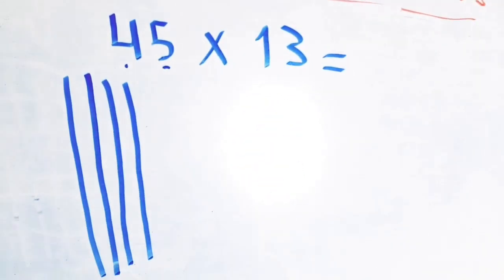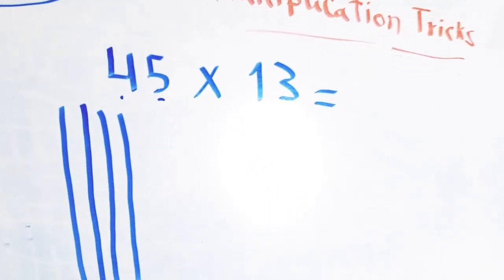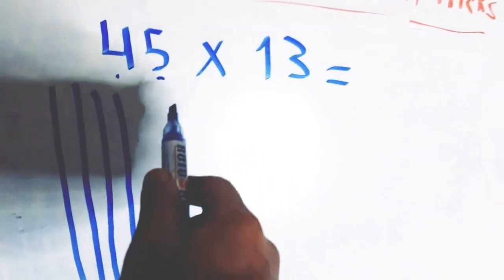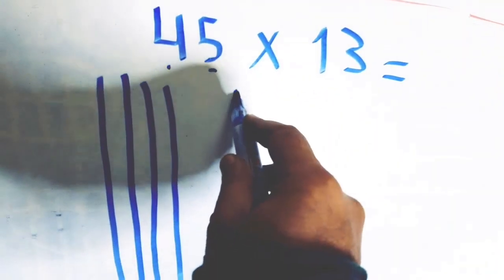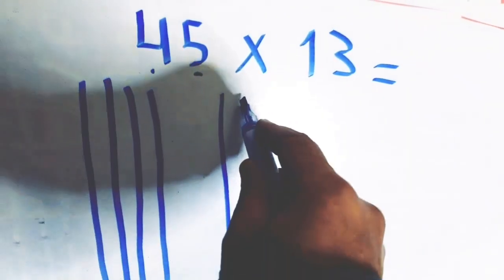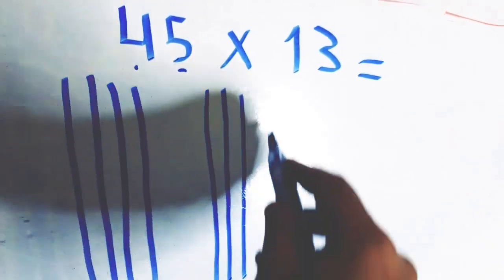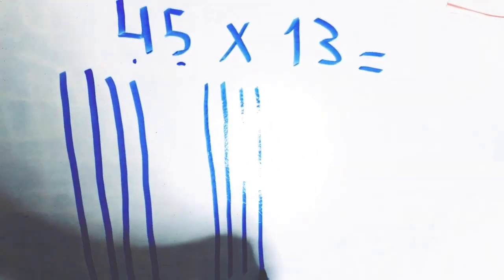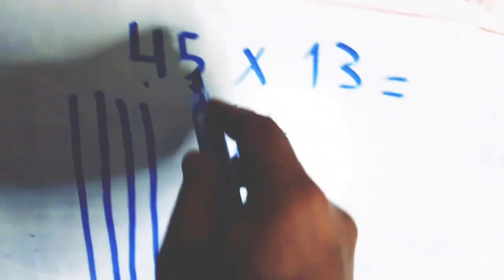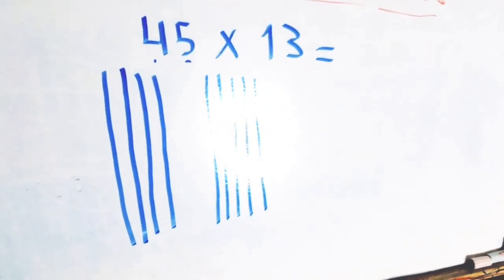We leave a space and transfer to the second digit, which is 5, and draw 5 vertical lines representing the second digit.